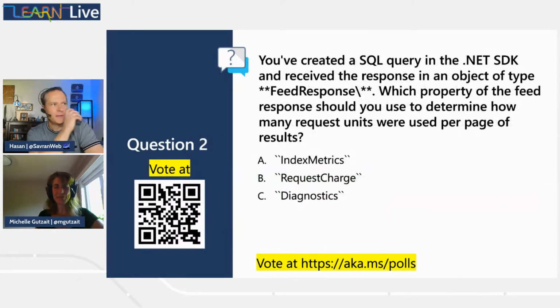Let's continue. Next. It looks like everybody actually picked that, so that's great. Awesome. So you've created a SQL query in .NET SDK and received the response in an object of type feed response. Which property of the feed response should you use to determine how many request units were used per page of results?